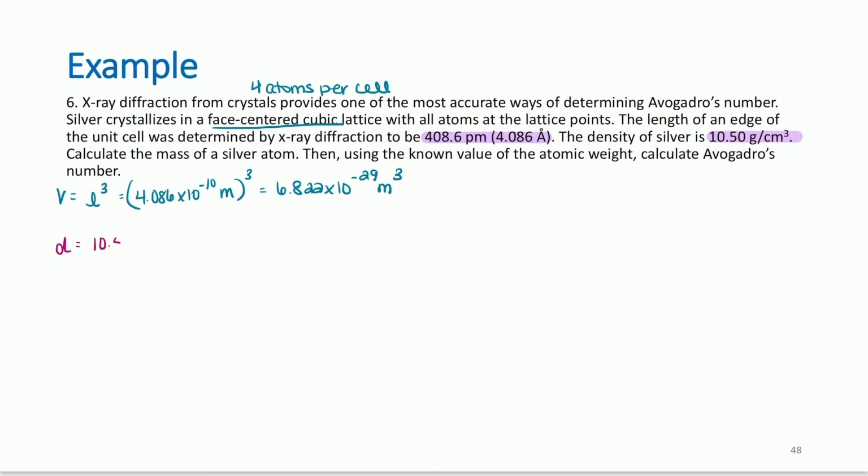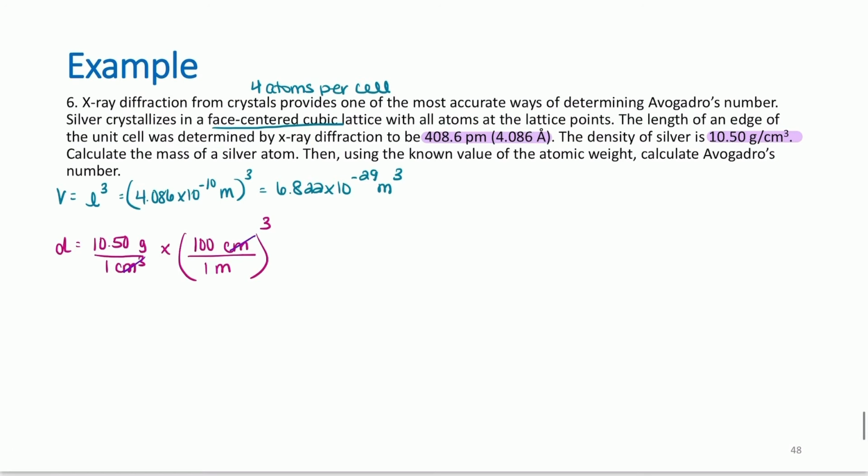Density, 10.50 grams per 1 centimeter cubed. I know there's 100 centimeters in 1 meter, but I have to cube that because I'm trying to cancel out my centimeters cubed here, because I want to get my density in grams per meter cubed to find the mass of that atom.